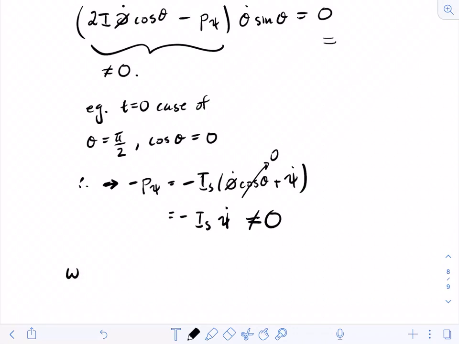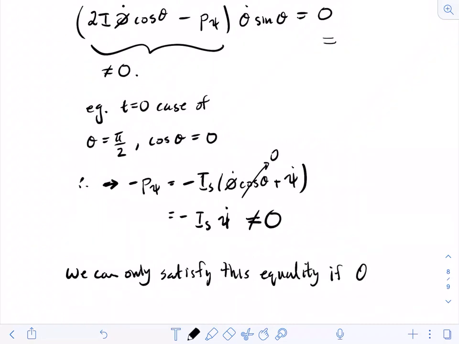So we can only satisfy this equality if theta dot is equal to 0.